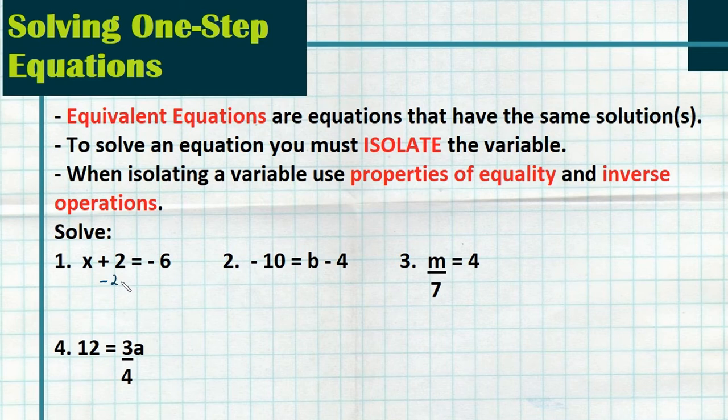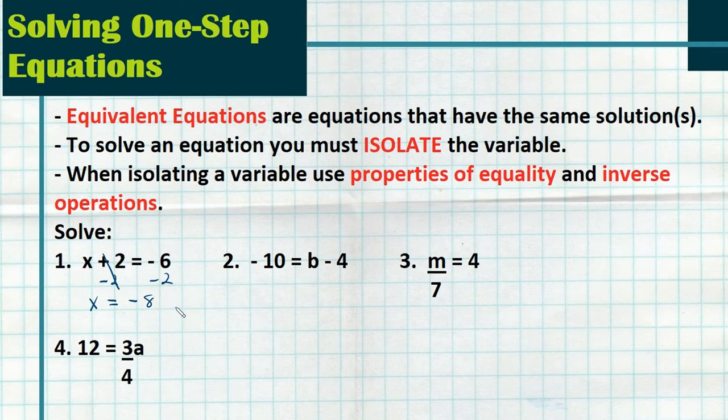So I'm going to do minus 2 here on both sides. That will cancel out positive 2 and negative 2, and that's going to give me x equals negative 6 minus 2, which is negative 8. That's going to be the solution here. And again, the solution just produces an equivalent equation to the equation that we started off with.